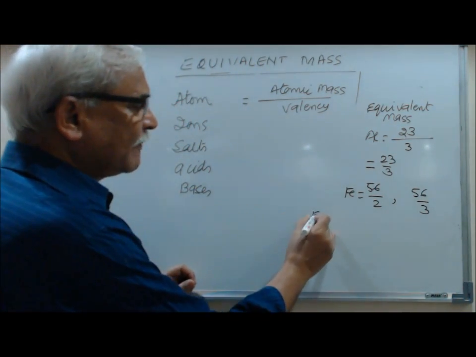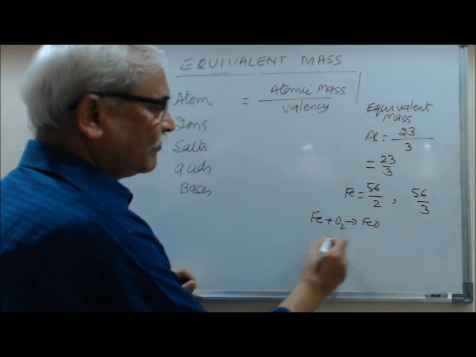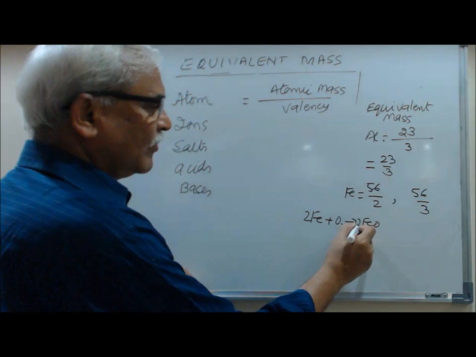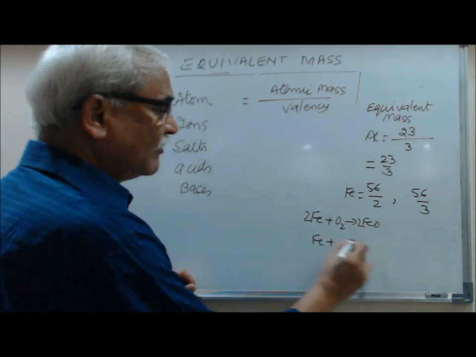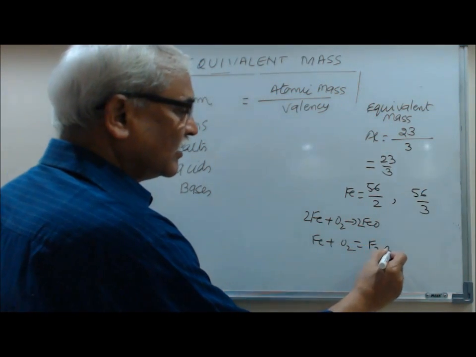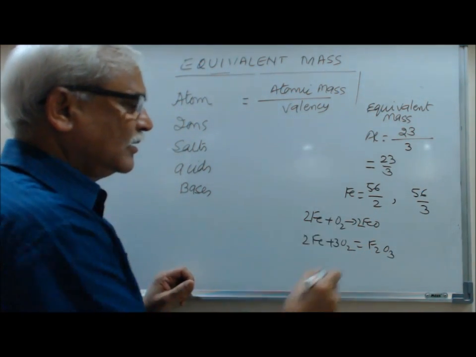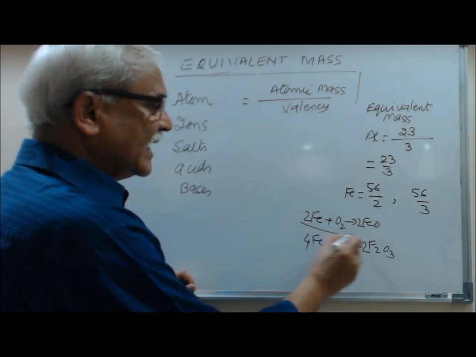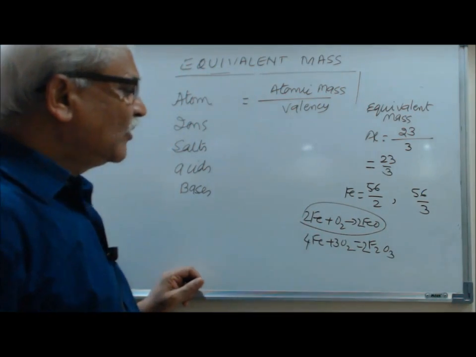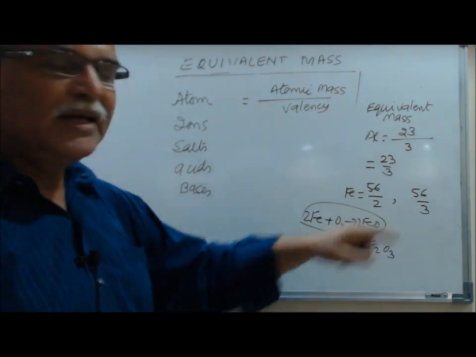Sometimes iron will react with oxygen to give FeO, and sometimes iron reacts with oxygen to give Fe2O3. So obviously in the first reaction equivalent weight of iron will be 56 by 2, but in the second case it will be 56 by 3.